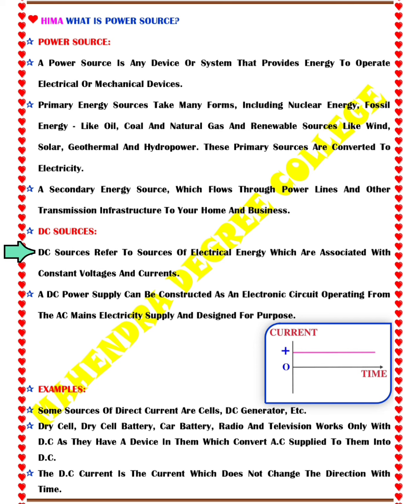DC sources refer to sources of electrical energy which are associated with constant voltage and currents. DC stands for direct current. These sources supply electricity where the flow of current is in one direction only.